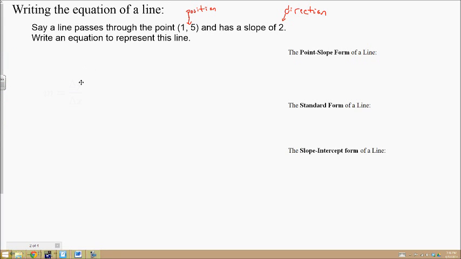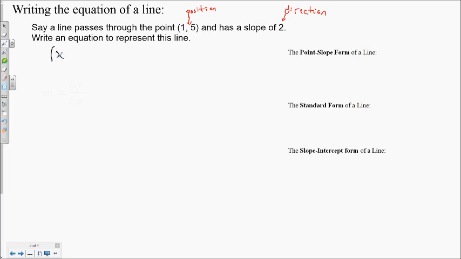Well, before I write the equation, I should probably describe what all of the other points on the line are going to look like. Any other point on this line can be represented by the coordinates x and y. And I want to relate this coordinate to the given information. Well, we already have a formula that relates slope to two given points, and that's the slope formula.